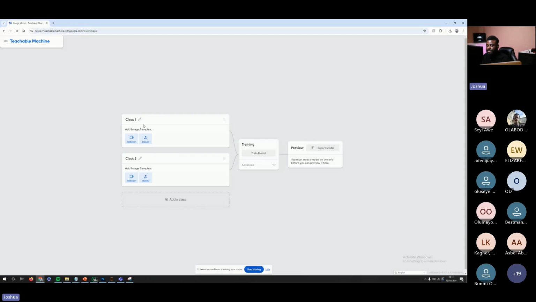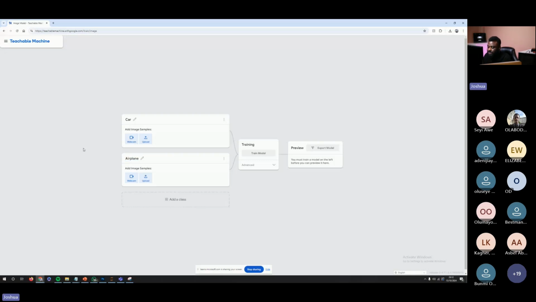So we now have two classes, the training and the preview. Remember in our example, we gave the AI a photo and said, here's a chicken, here's a photo of a chicken. So we're going to give it photos and we're going to tell it what these photos are. I'm just going to click here and edit the name to say a car. And our class 2, let's say an airplane.